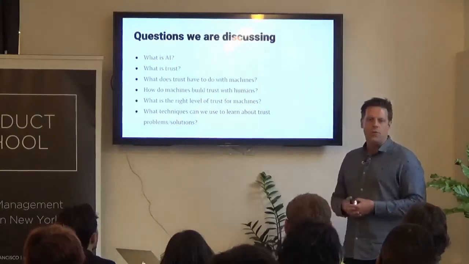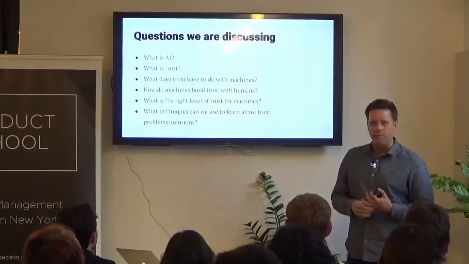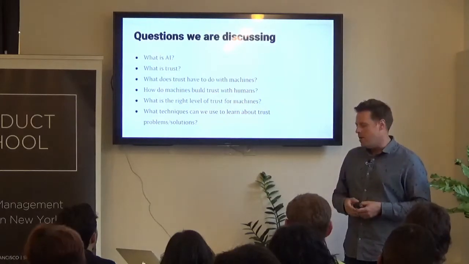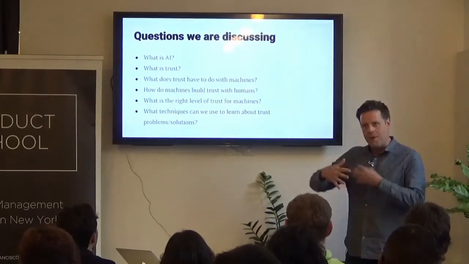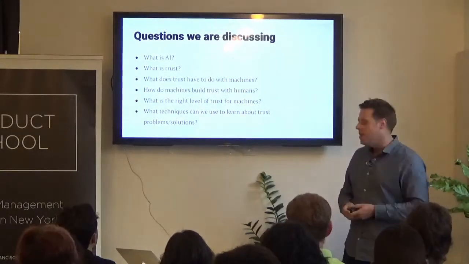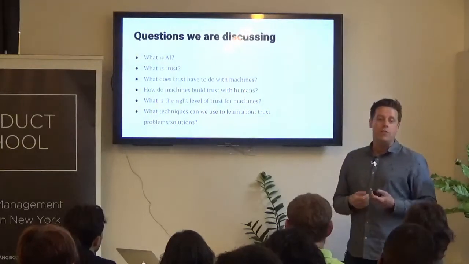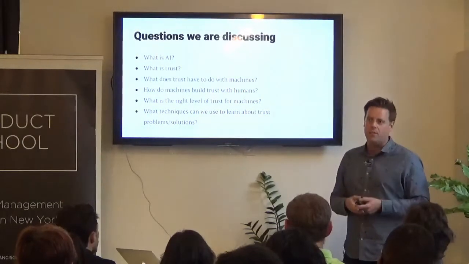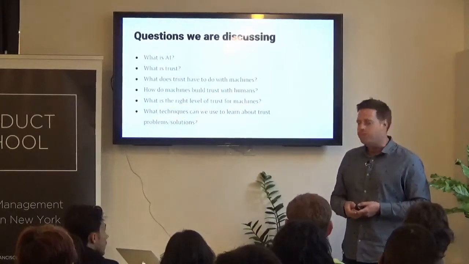I'll tell you a short story about that from my personal experience. Then, how do machines build trust with humans? Then finally, we'll talk about what's the right level of trust, because it's not just about gaining as much trust as you can get. And finally, what techniques can we actually use to understand the right level of trust, how to build trust, and what are the right ways to foster that relationship.